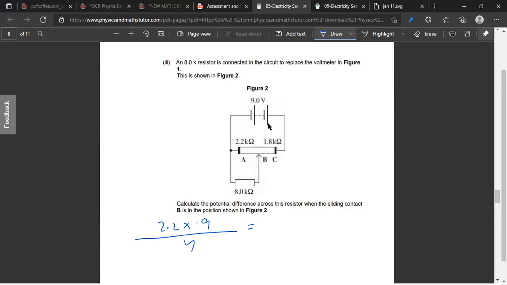That's what we did for the last question. Yeah, that's exactly what I'm thinking. So this is 4.95 volts, so 4.9 volts. It's either 4.9 volts, and no, it shouldn't be like this.